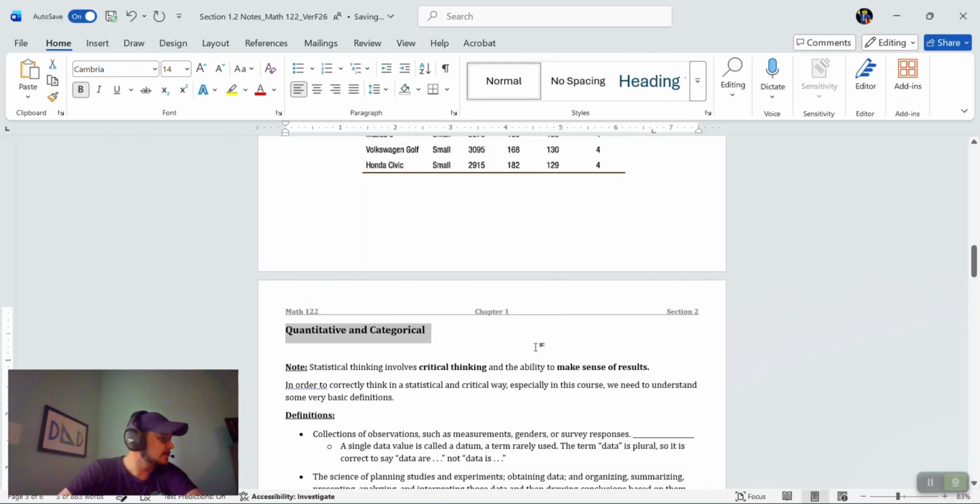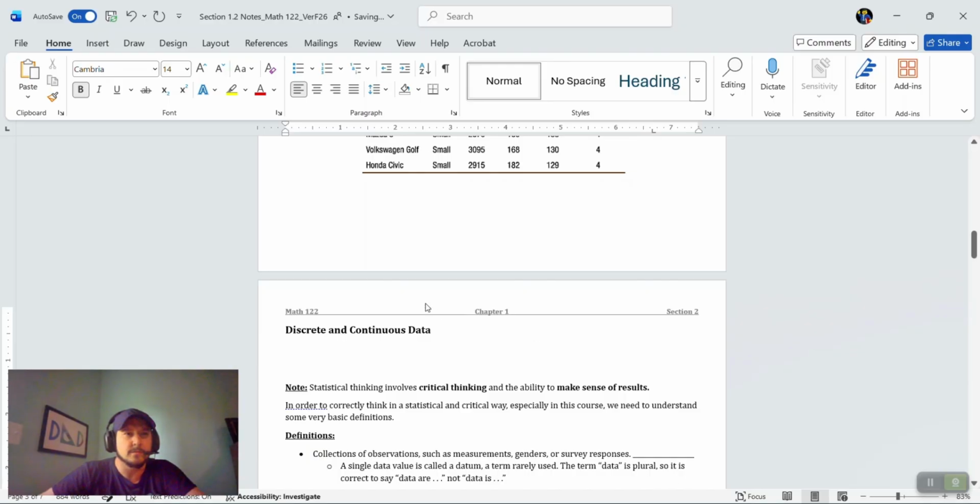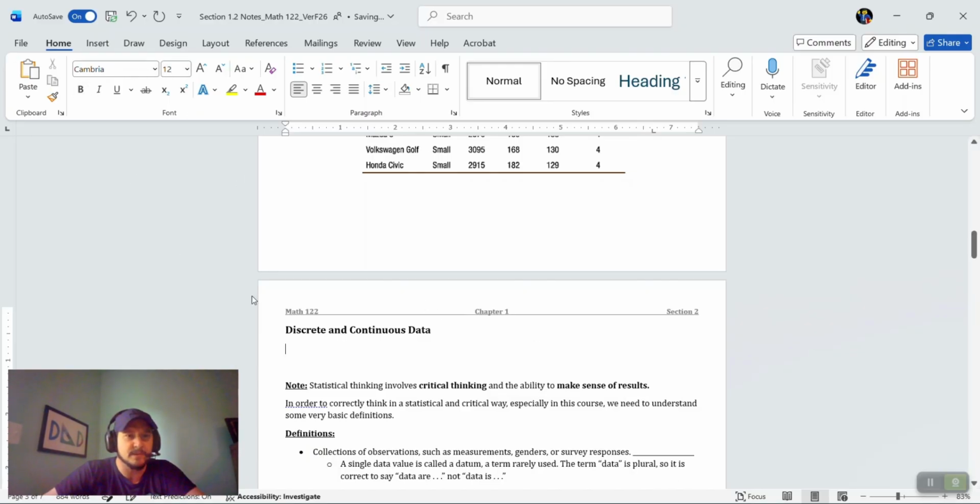All right. Discrete. Actually, okay, discrete and continuous data. So I'm going to lead off with the statement that is from the textbook.